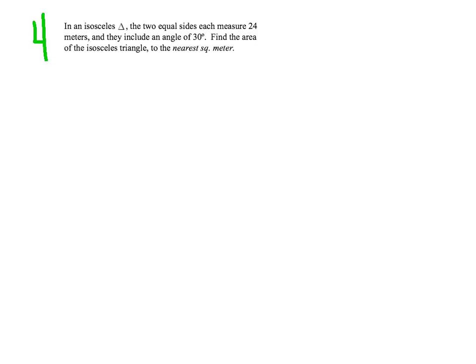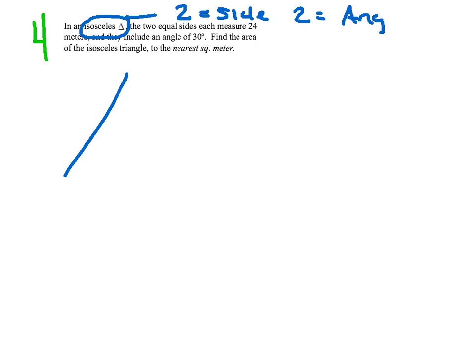Number 4, in isosceles triangle. So let's just pause there. Remember that our word isosceles means 2 equal sides and 2 equal angles. So 2 equal sides, and if you put those marks on there, they point to the equal angles. These are the 2 equal base angles.